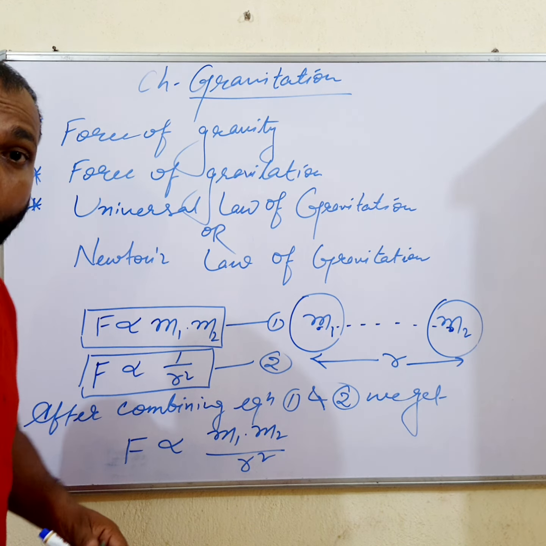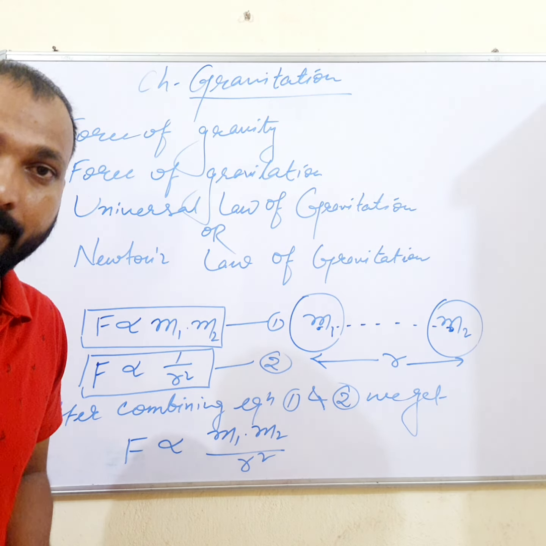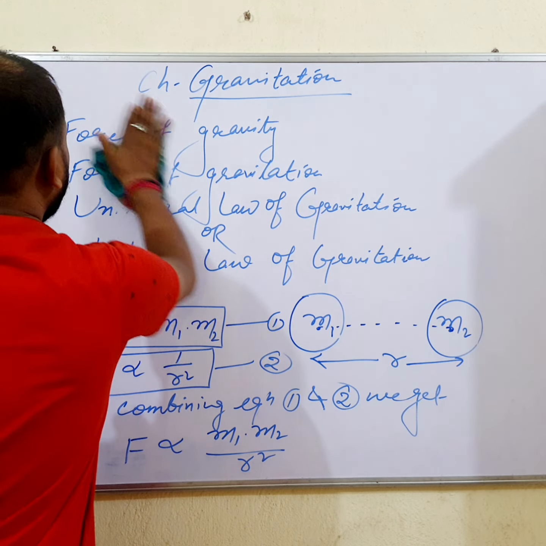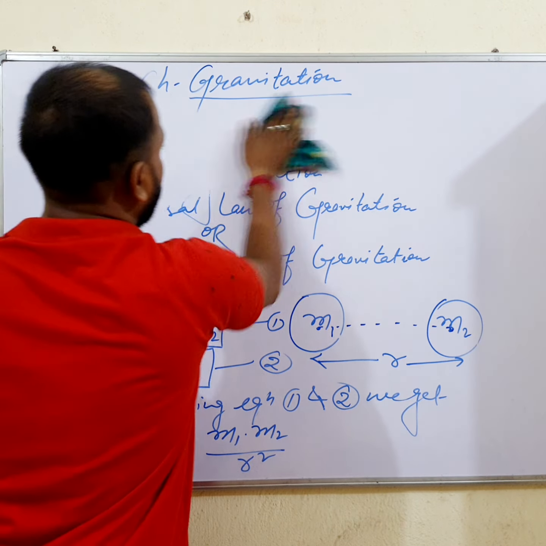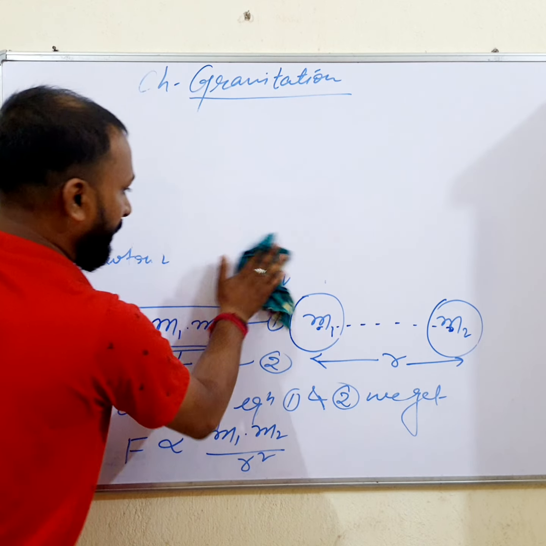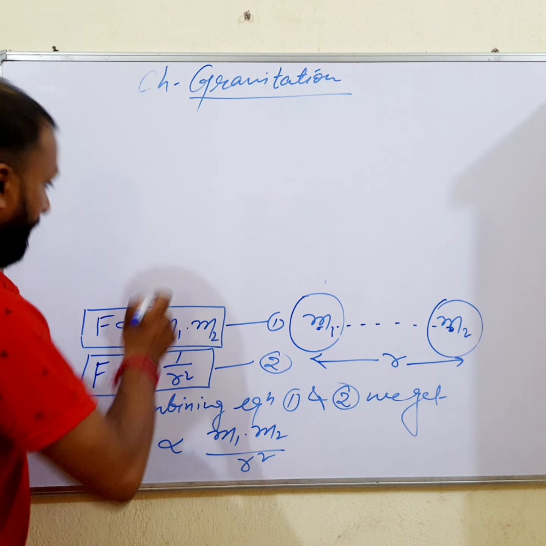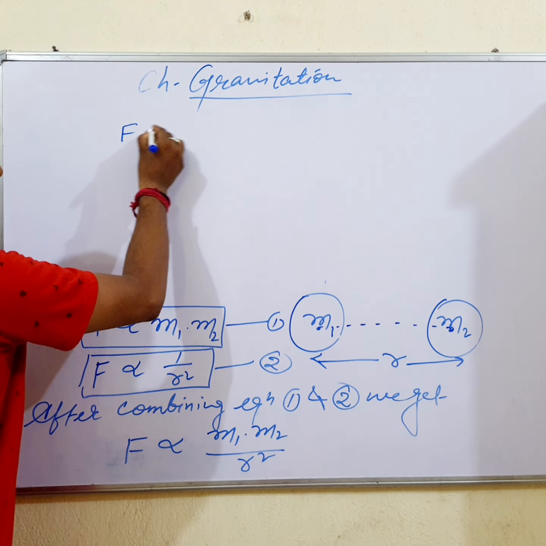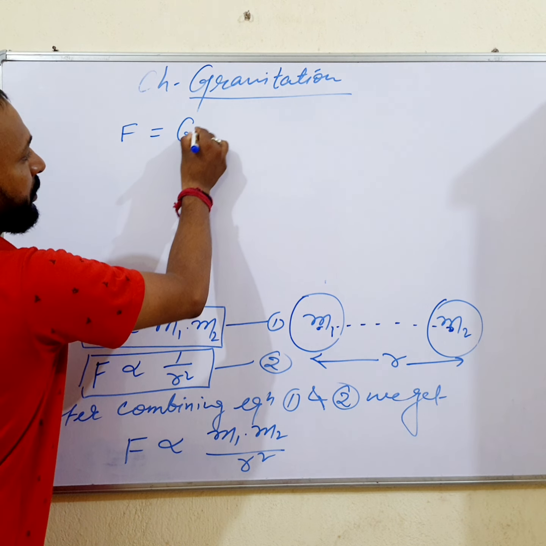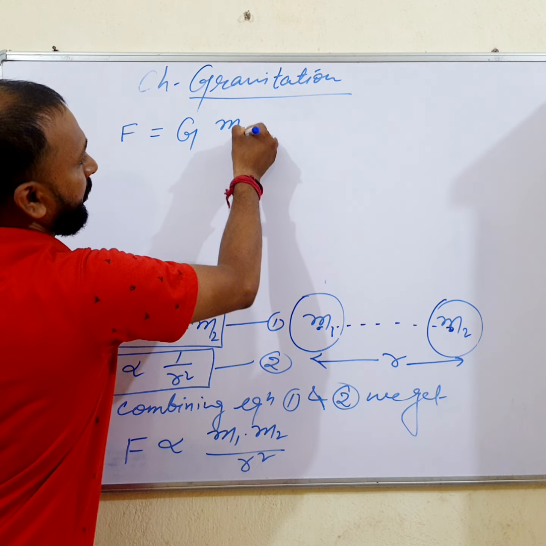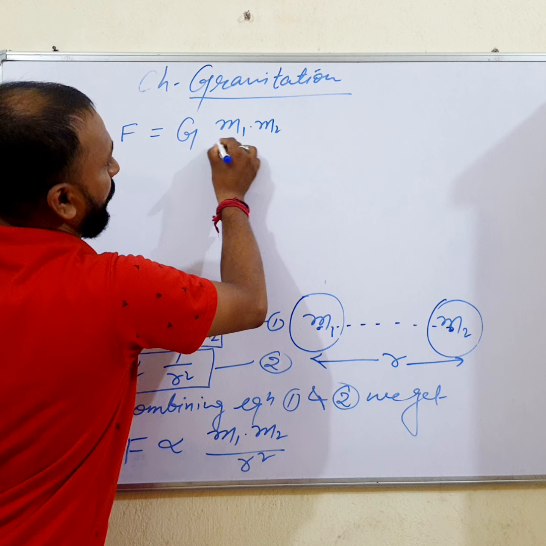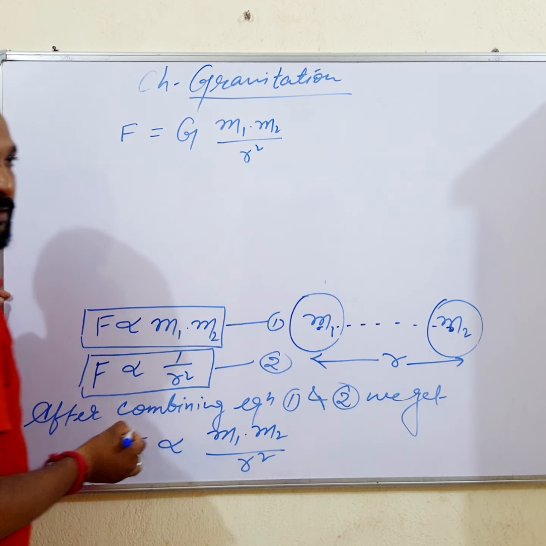Now, when you remove the proportional sign, we get that F equals G m1 m2 upon r square.